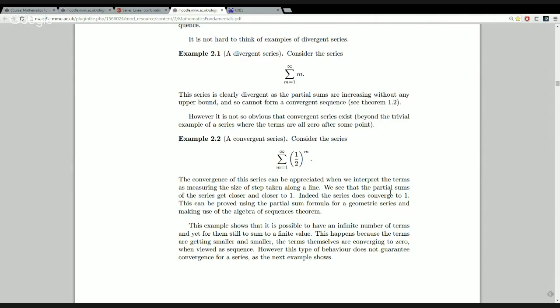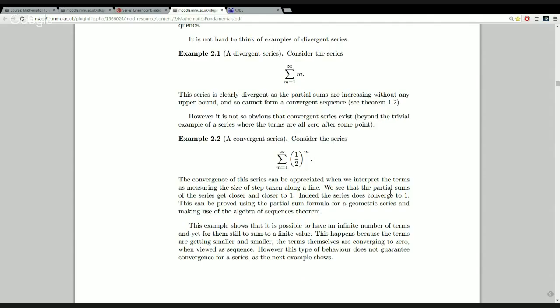However, given our understanding of sequences and how they can converge, if the associated sequence of partial sums is a convergent sequence, then we say that the original series converges and that L is its value. So it has a sum. And if this does not hold, of course, we say the series is divergent.